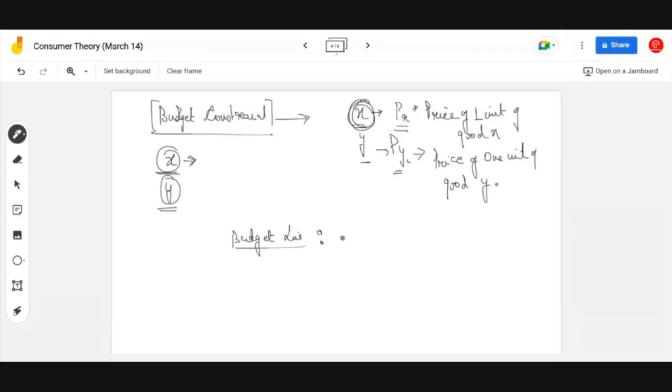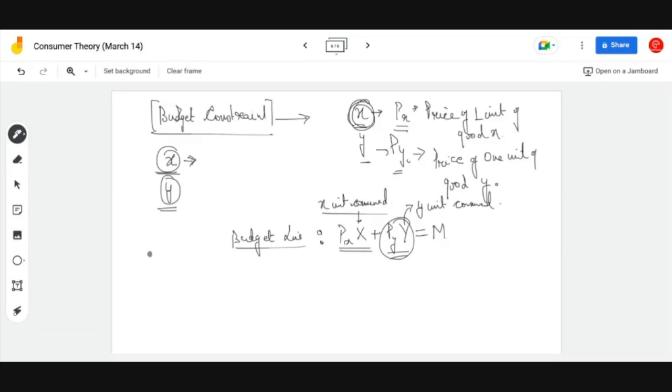So the budget line is written as Px into X plus Py into Y is equal to M. That is price of good X into X, and price of good Y into Y. X is the total unit of good X consumed, and Y is the unit of good Y consumed.